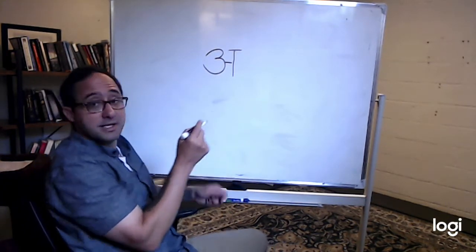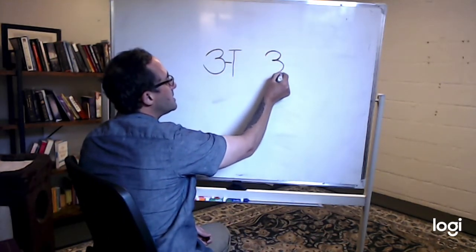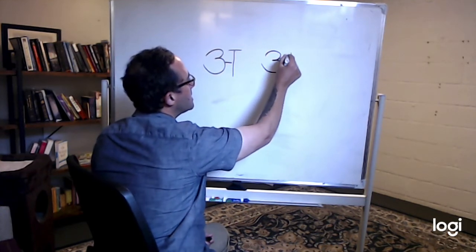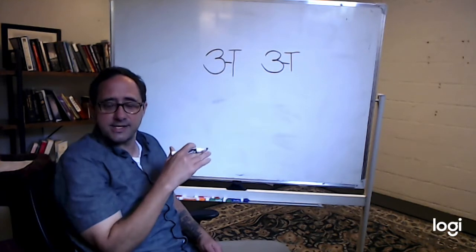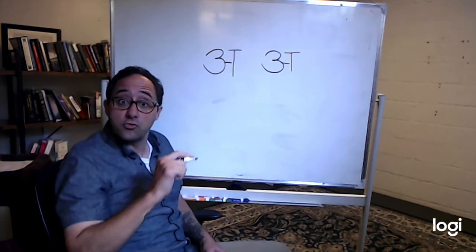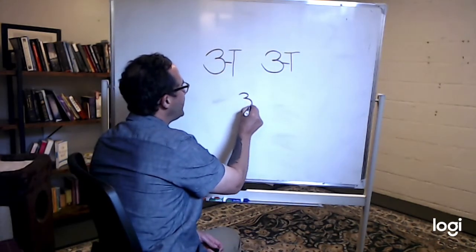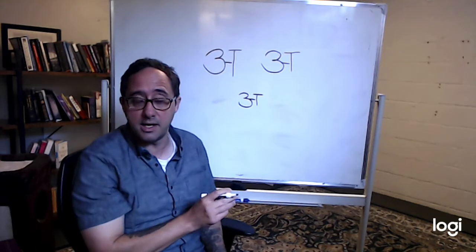Okay, so let's try it one more time. And I make that, it looks like a T, right? Do this yourself. Write it while we're doing this. One more time. And then say it while you're doing it.